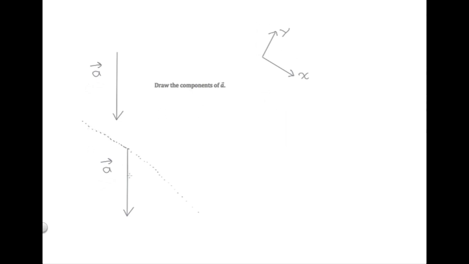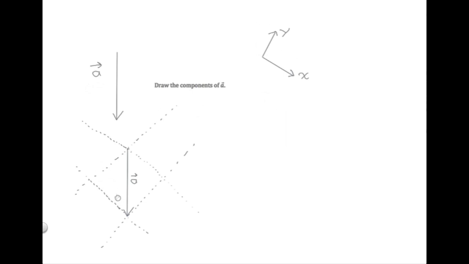And then over here I can draw a reference line that's parallel to the y-axis. And now you can see we have a right triangle. We could use that right triangle as the components. Or if you wanted to, you could draw the reference line here that's parallel to the y-axis, and you could draw the reference line here that's parallel to the x-axis.